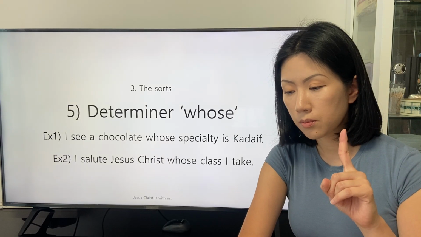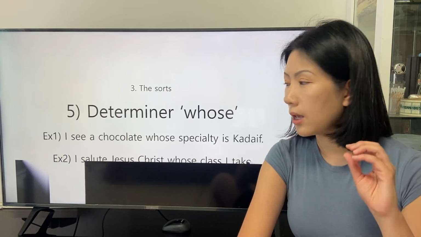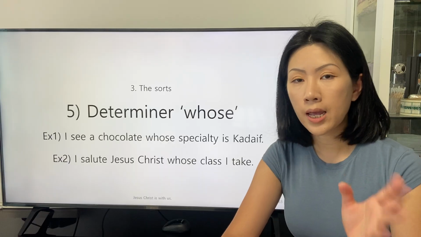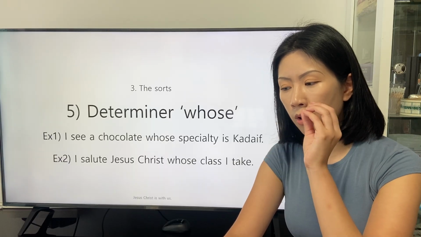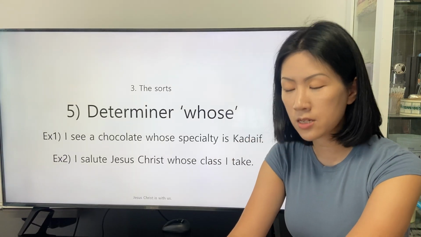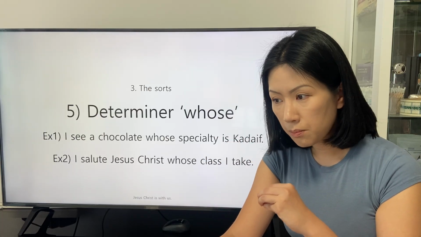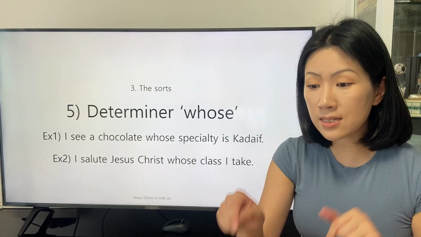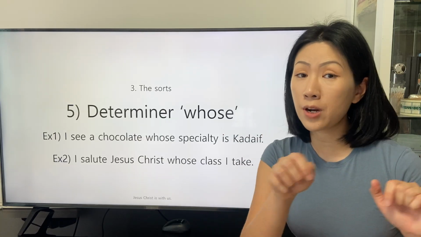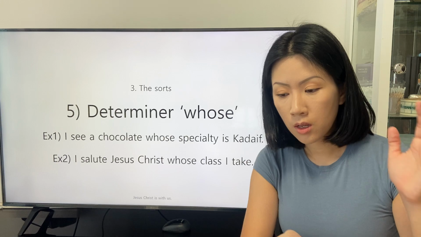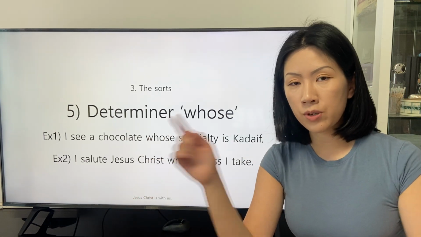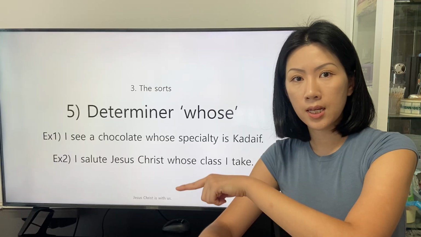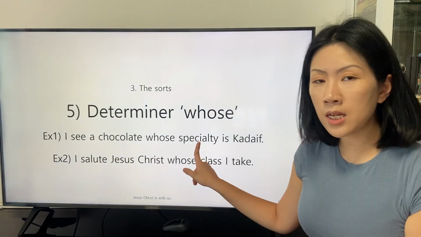But there is some error, I'm sorry. An object that is not a person can belong to a subject that is not a person when this object belongs to another person. So we find this relationship as the indirect belonging. Specialty is not a person.